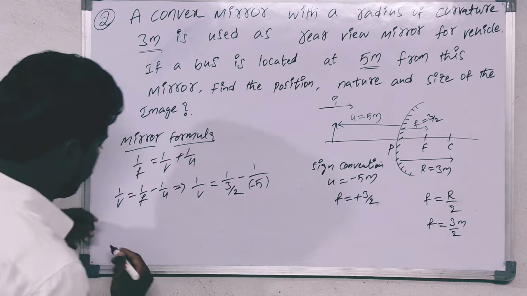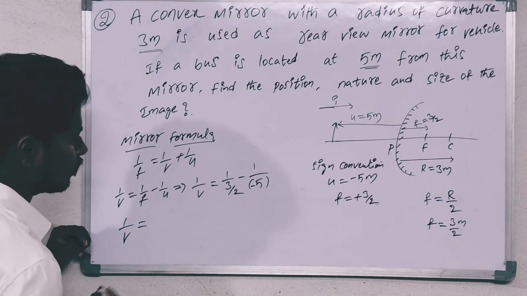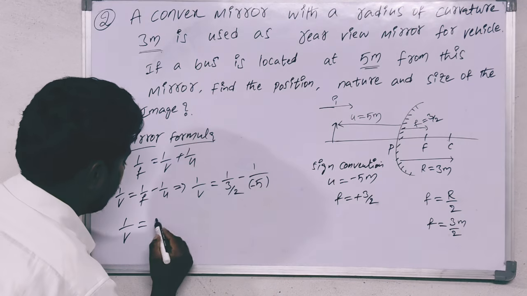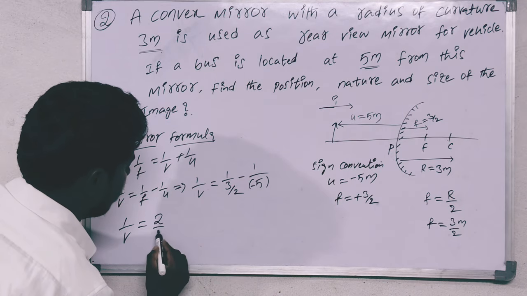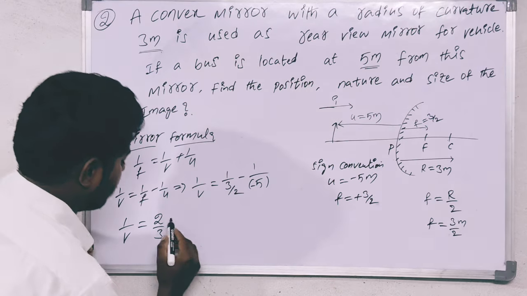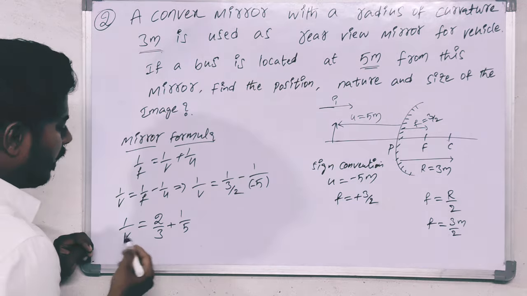So 1 by V equals, fraction by fraction, it becomes reciprocal, it becomes 2 by 3. And minus into minus is plus, plus 1 by 5. Now take LCM.